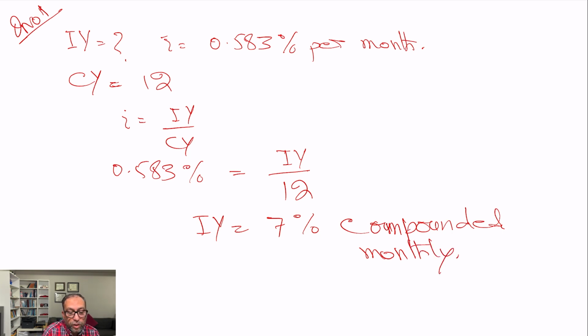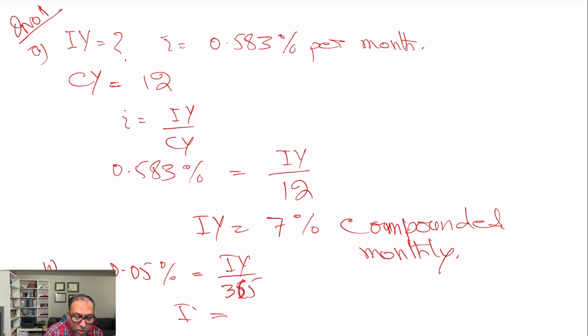Right? Similarly, we can do the same way. This is the first part in this question. The B part in this question we just directly apply: 0.05% is equal to IY over 365.